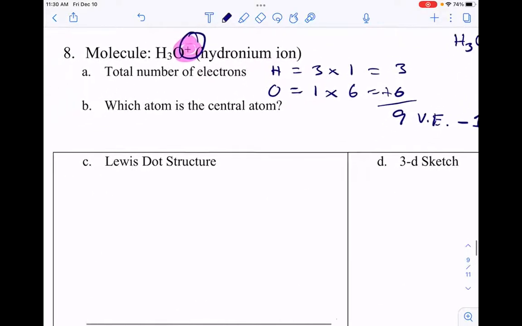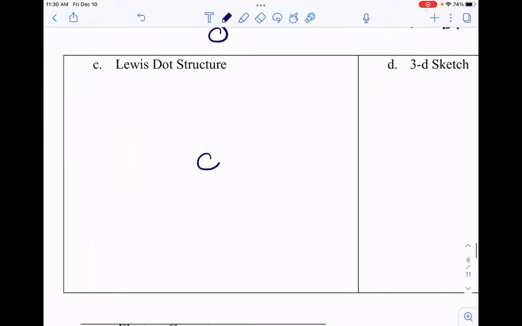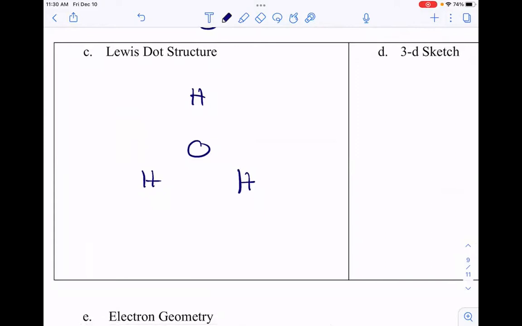So central atom, only one option, that's oxygen. Hydrogen can never be central. So let's go ahead and explore what this looks like. So here I have H3O. And since we're dealing with hydrogens again, they can only have a duet. So I have 8 total, minus 6 used.